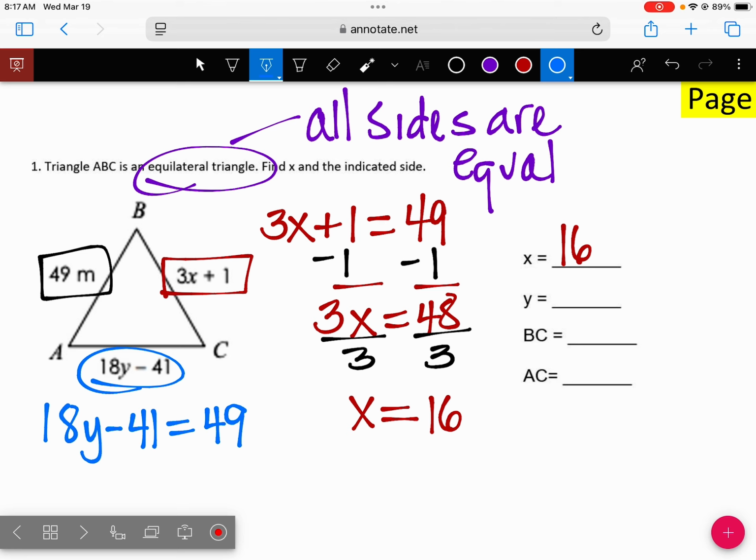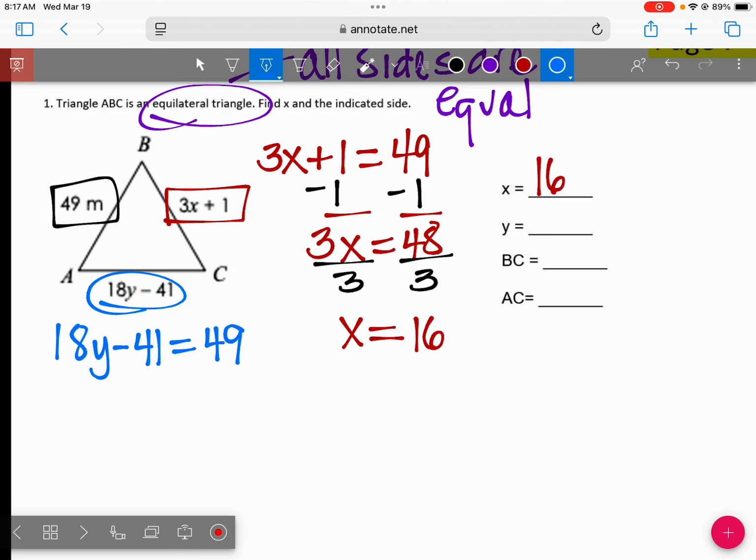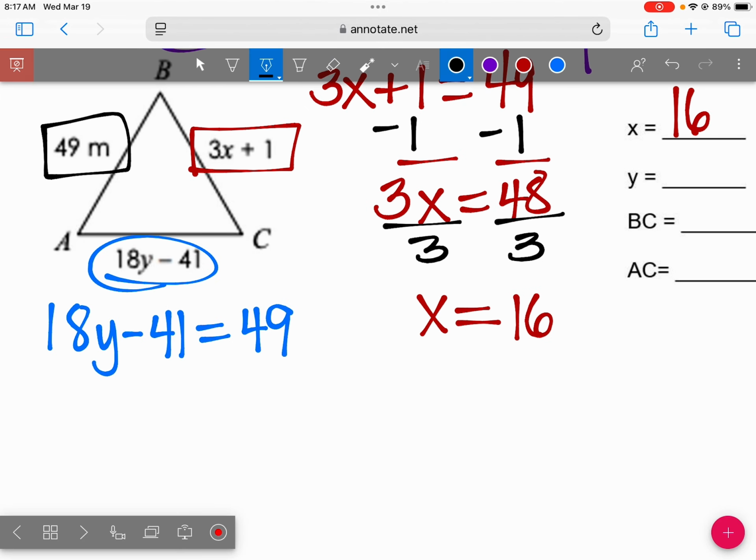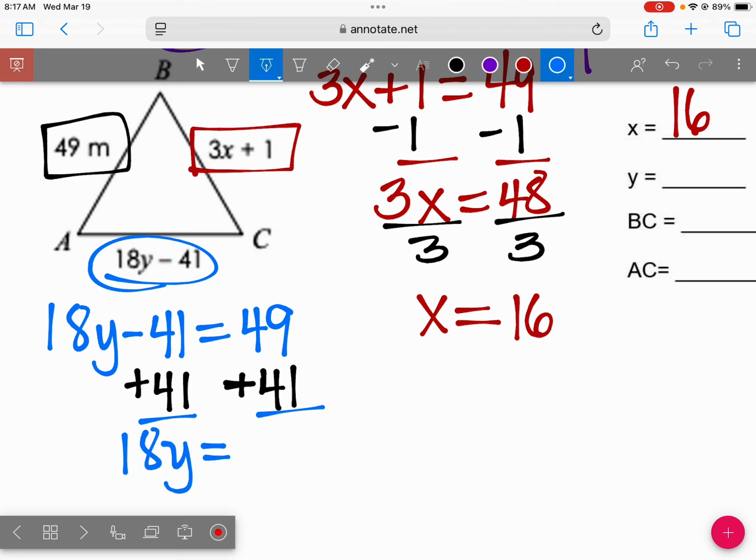So 18y minus 41 equals 49. So we're going to add 41. Go ahead, pick up your calculators, take 49 plus 41.